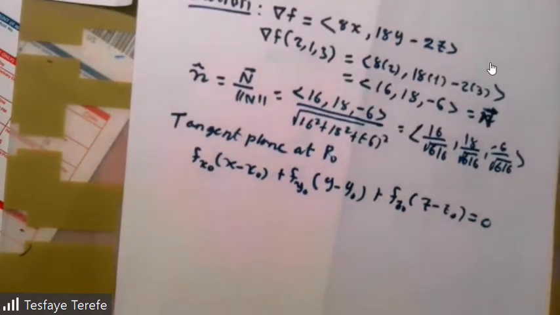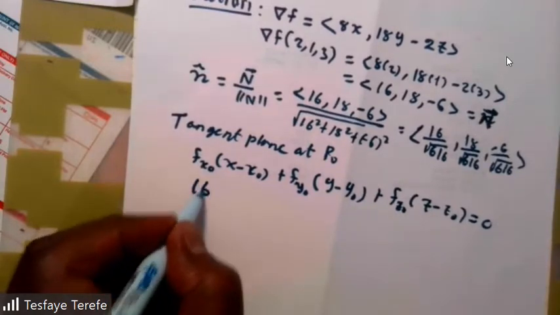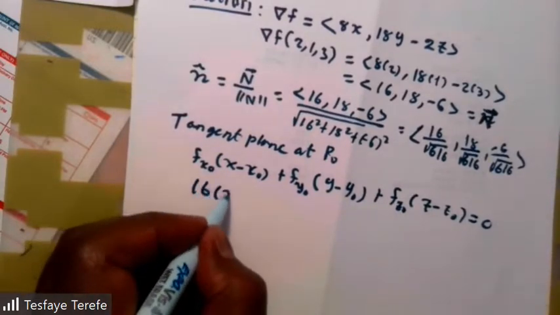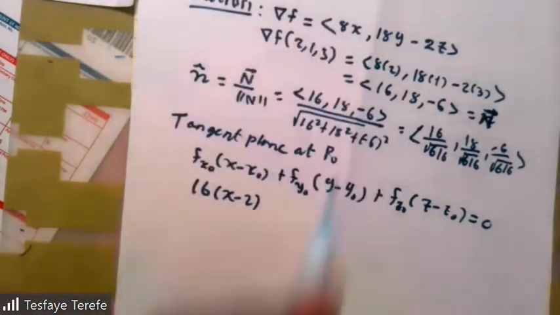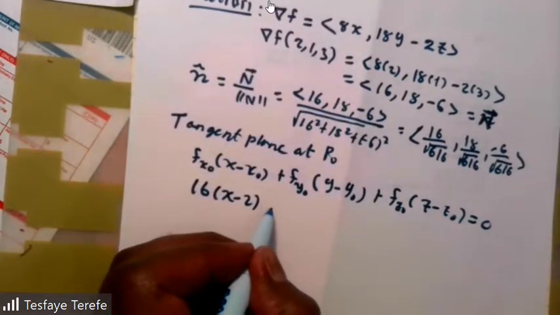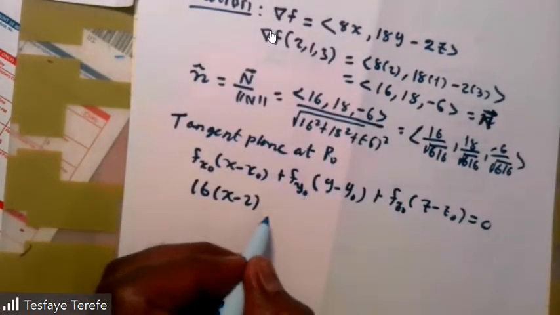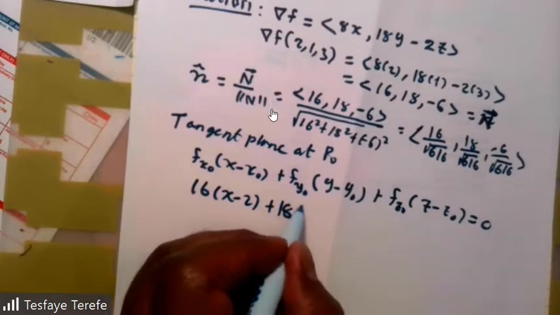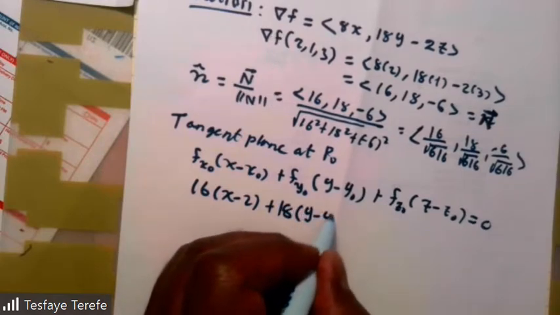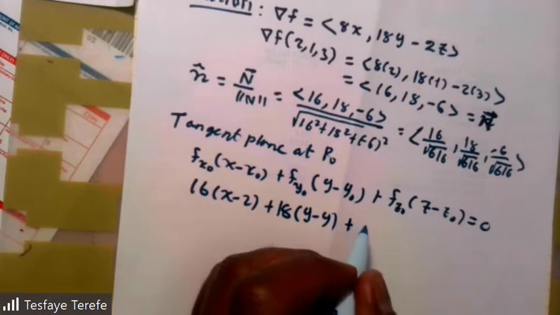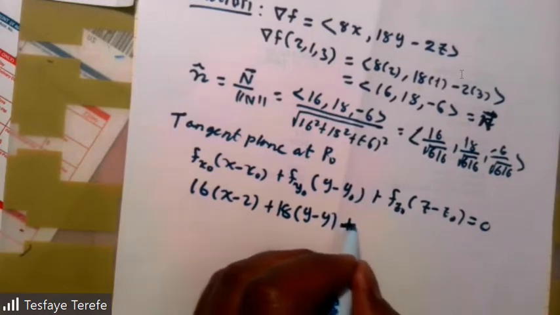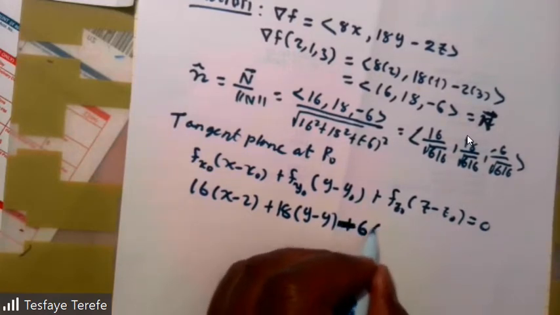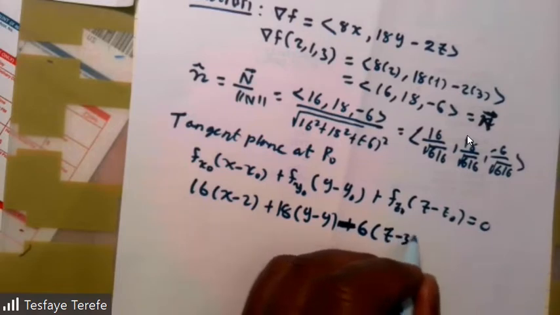That's it. This is the linear equation of a plane. You have 16, the gradient, times x minus 2 because the x component is 2, and 18 times y minus 1, and minus 6 times z minus 3.